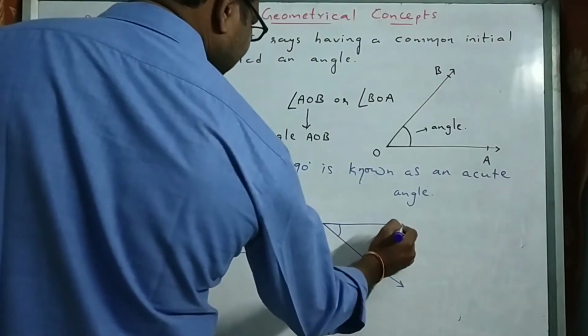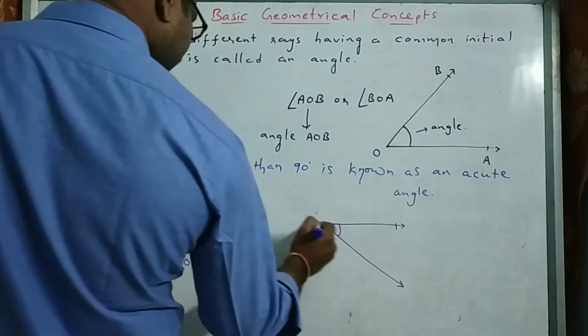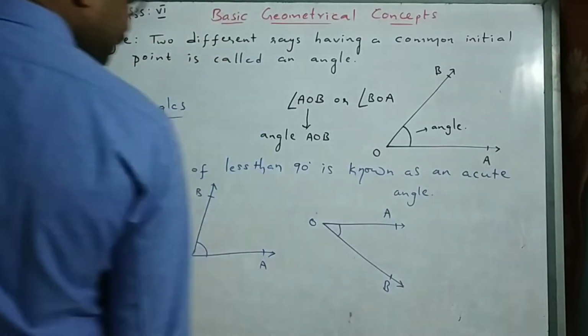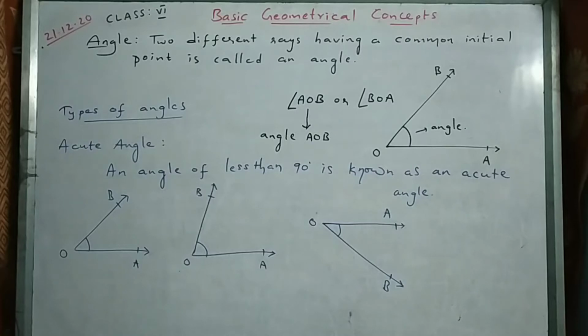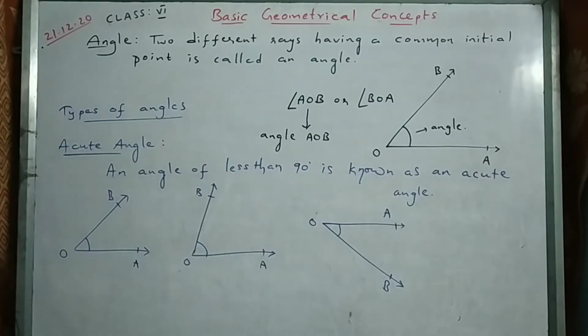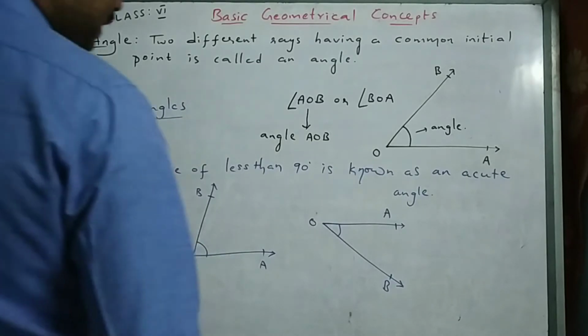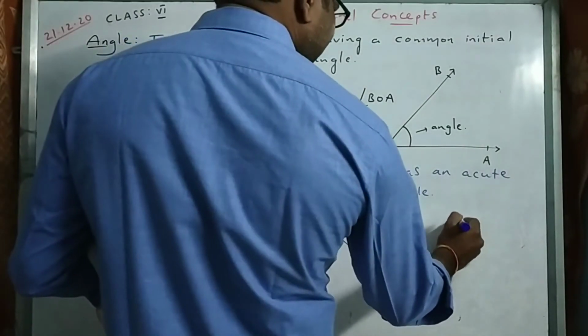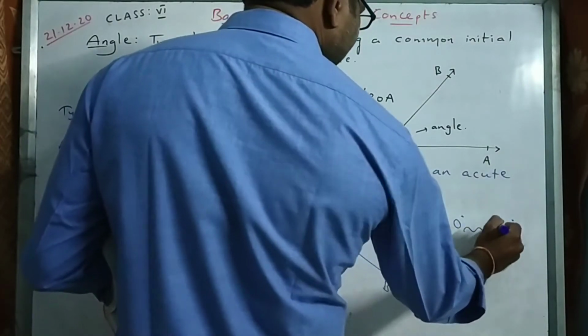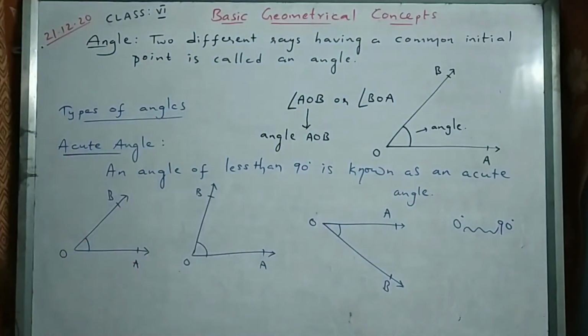This is an acute angle. This is OAB. So these are the examples for an acute angle. Below 90 degrees, above 0 degrees, that means lying between 0 and 90. All such angles are called acute angles.